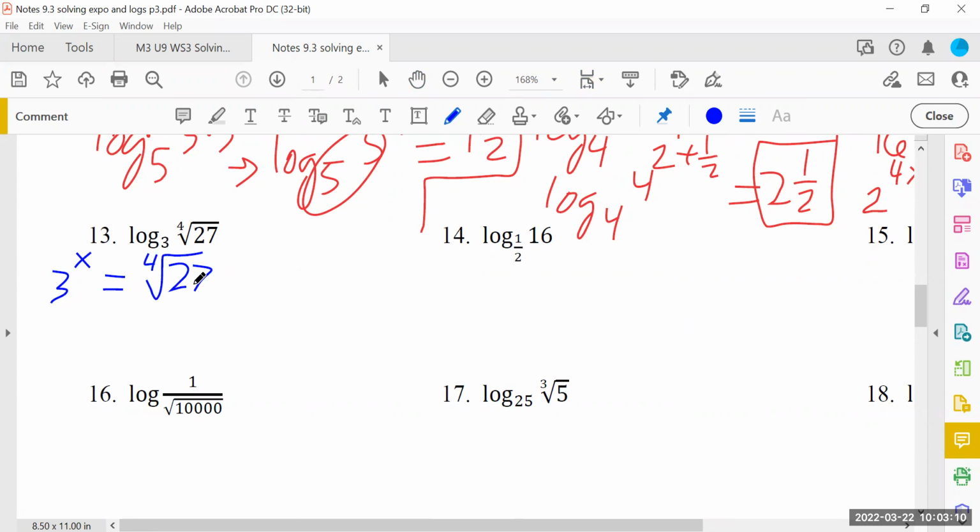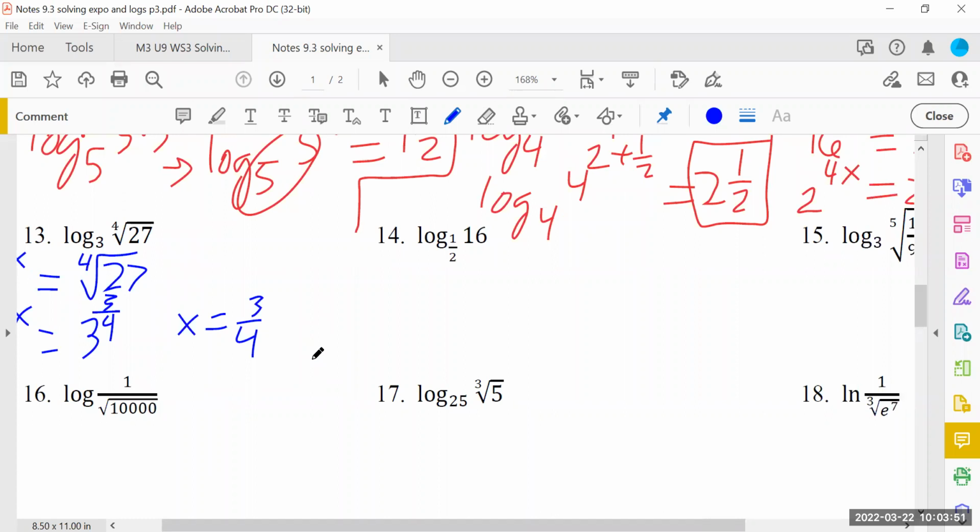But I could go ahead and say 3 to the x power equals the fourth root of 27. 27 is 3 cubed, and the fourth root means that my exponent is over 4. The third power makes it the 27. The fourth root is the over 4 part. So then x equals 3 over 4. Notice how our original problem doesn't have an x in it. So really, my answer is 3 over 4. Log base 3 of the fourth root of 27, the answer is 3 over 4.